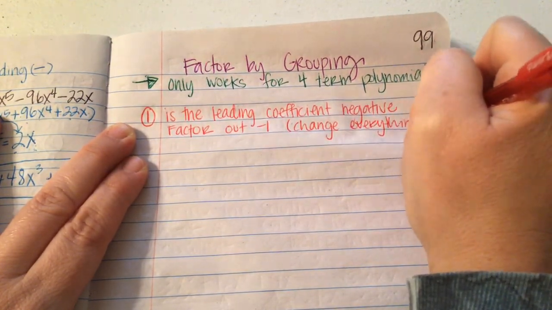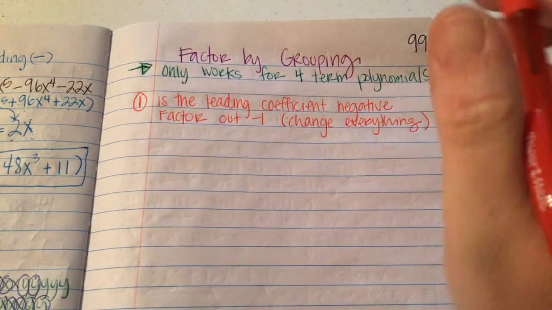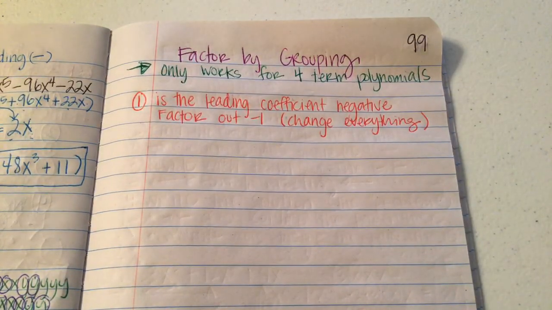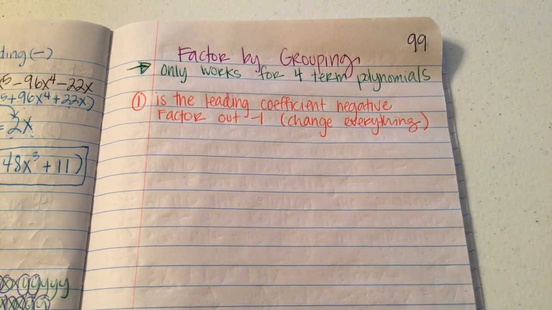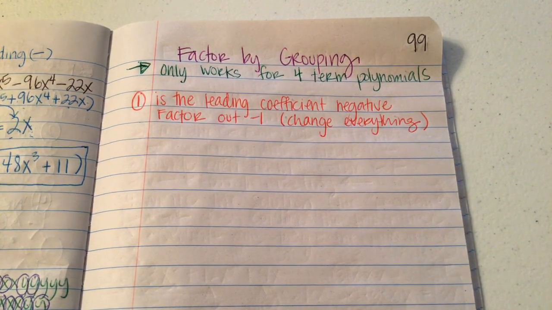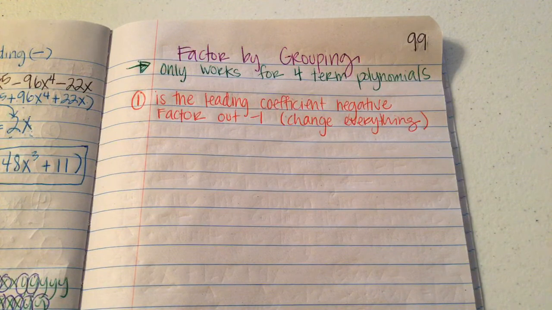Every sign changes when you factor out that -1. That leading coefficient needs to be positive, and that's sometimes our sticking point when we're doing our factoring. We start to factor, we forget to check that negative leading coefficient, and we start working and all of a sudden nothing works out and we get confused and it's frustrating. If that leading coefficient is negative, your factoring gets screwed up. So you have to take that leading coefficient and make it positive, which means every term is going to change.